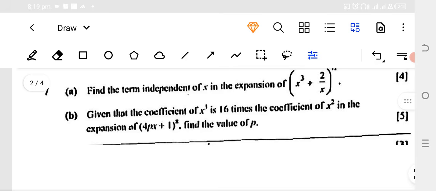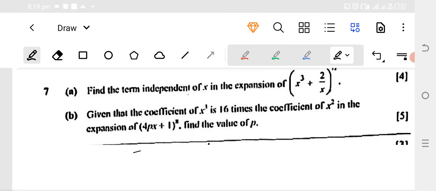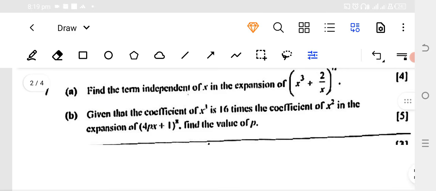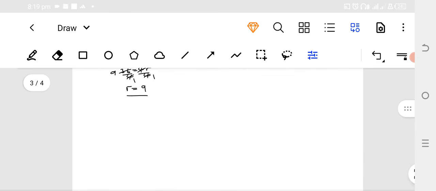So we are considering this expansion, in which let us find the value of p. So the first thing, before I even write anything, let's say (4px plus 1) raised to the power 8. That's our B.